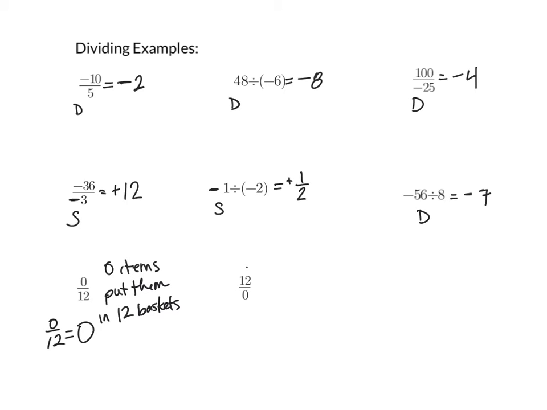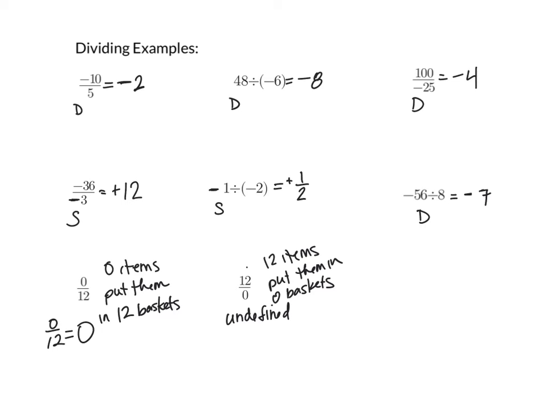Now, conversely, 12 divided by 0 means I have 12 items, and I'm going to put them in 0 baskets. Well, how do I put stuff in no baskets and ask how many are in the baskets? There isn't a basket. It doesn't exist. So this is an undefined problem.